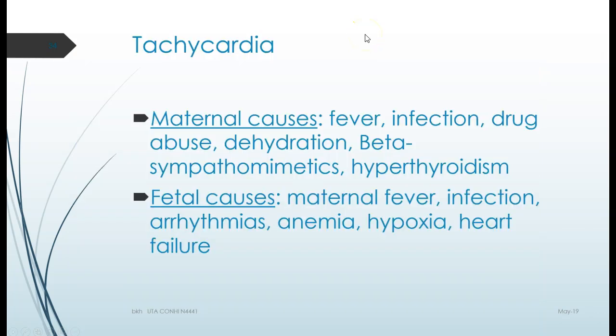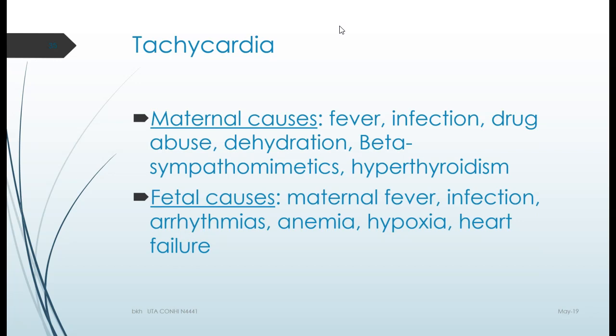What causes tachycardia? Well, some things going on with mom are going to cause tachycardia in our infant. If mom has a fever, it's going to cause our baby's heart rate to speed up because they're in a hot environment. If mom is starting to get an infection, drug abuse, things like cocaine can cause this. Methamphetamines can cause this.